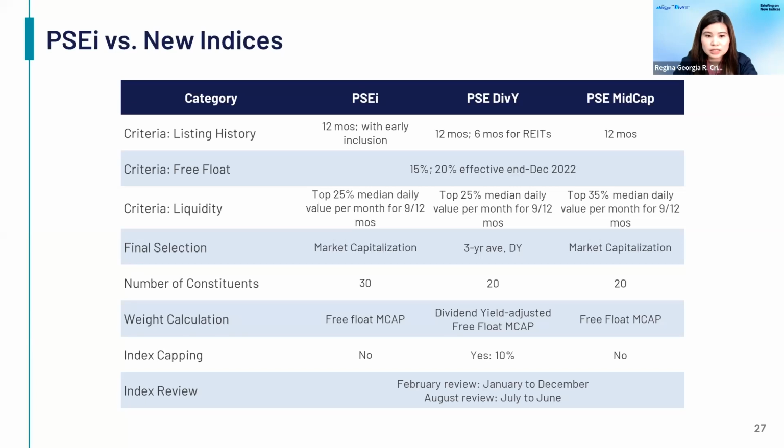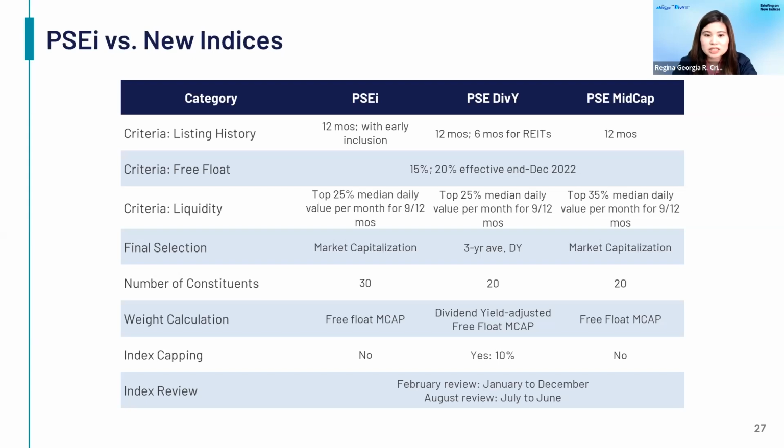In terms of liquidity, PSEi and the PSE Dividend Yield are the same, where the company must be among the top 25% in terms of median daily value per month for 9 out of the 12 months, while this is looser for the PSE MidCap, where the company must be among the top 35%.